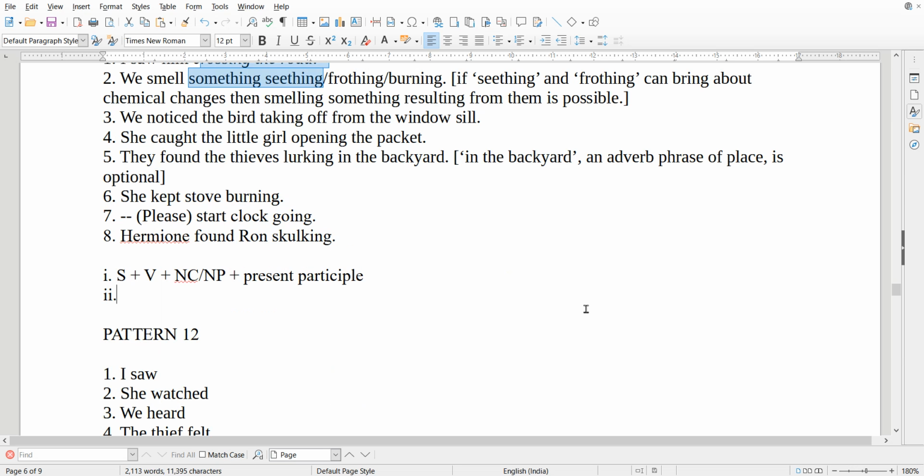Different types of verbs can be used in this pattern. Great. For more examples, please visit my website. The verbs are see, hear, smell, feel, watch, notice, find, observe, listen, get, catch, keep, leave, set, start.